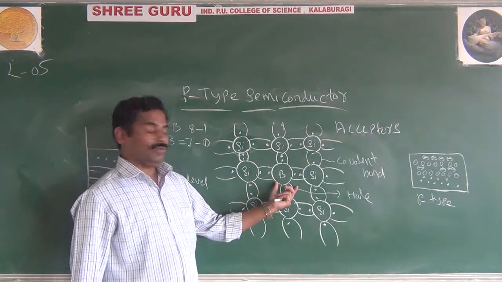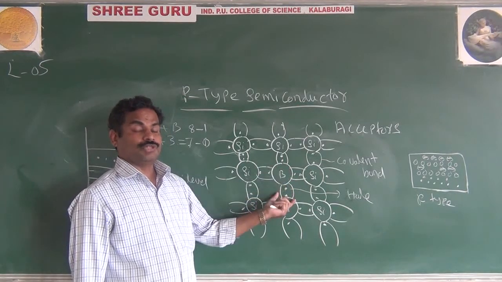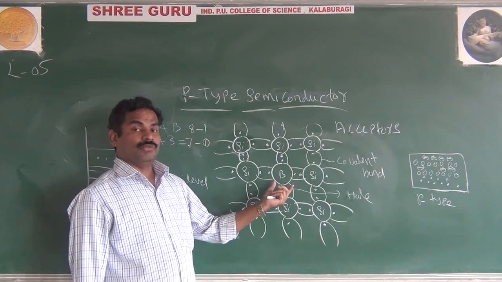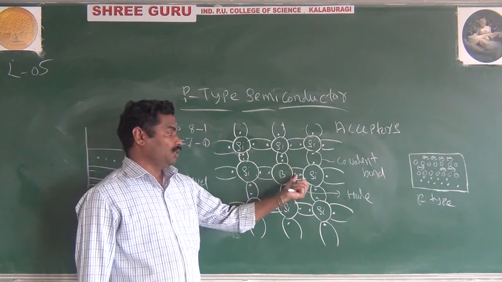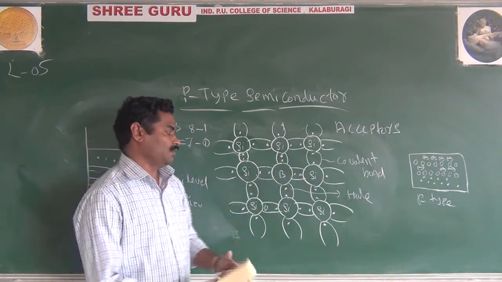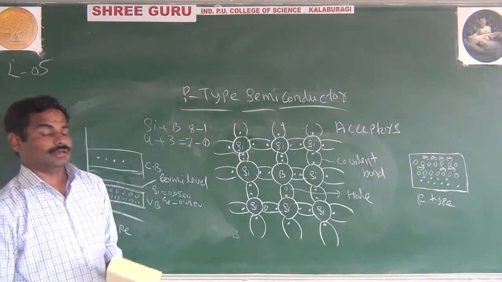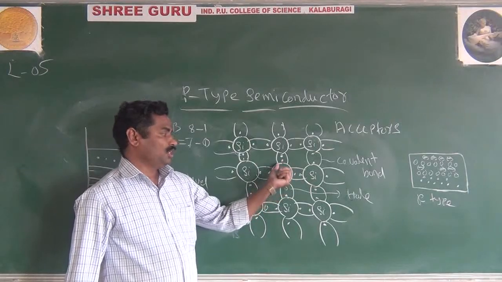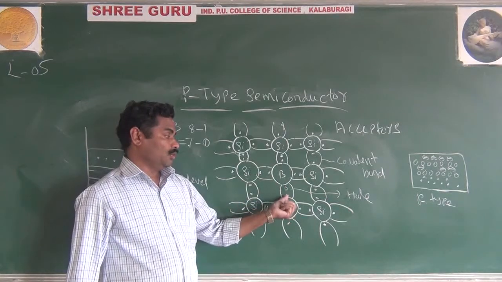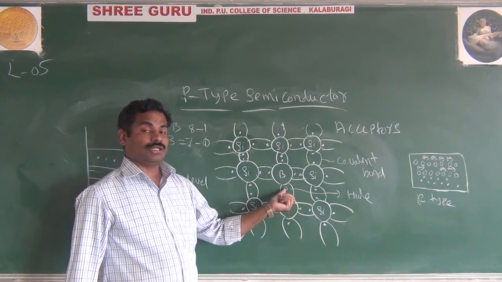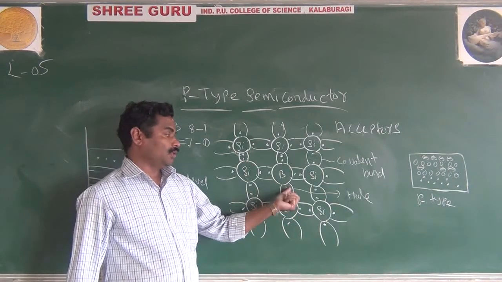It means in the p-type semiconductor we are adding boron to a pure semiconductor. Whenever we add a trivalent impurity to a pure semiconductor, what happens? Boron and aluminum have only 3 valence electrons. These 3 electrons of boron make covalent bonds with 3 of your silicon atoms. But to make a covalent bond for the fourth silicon, they want another electron, and here you do not have an electron.